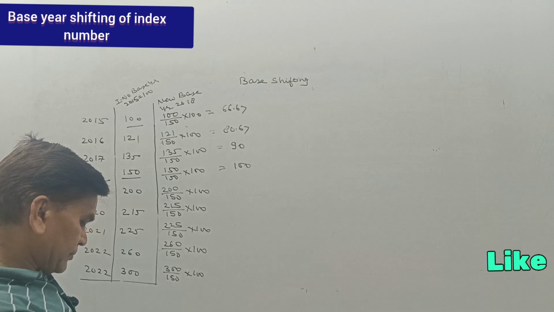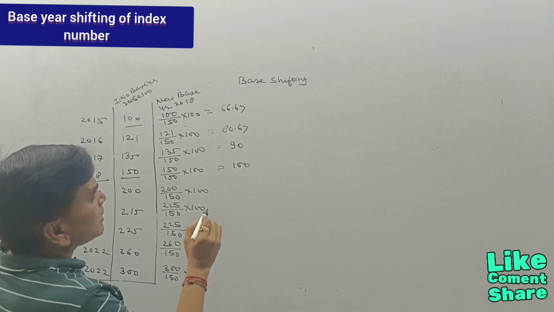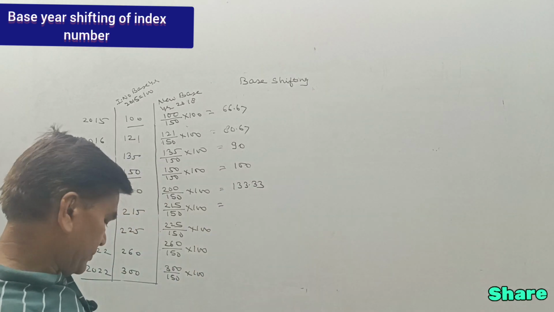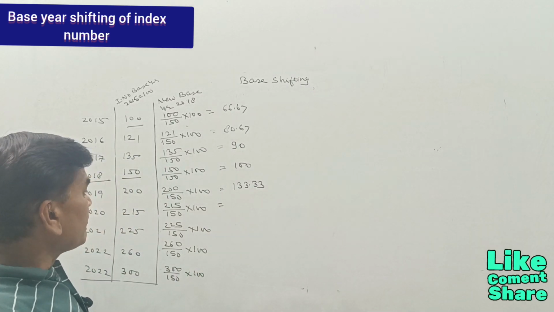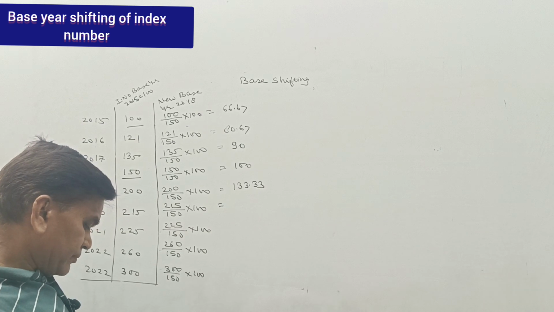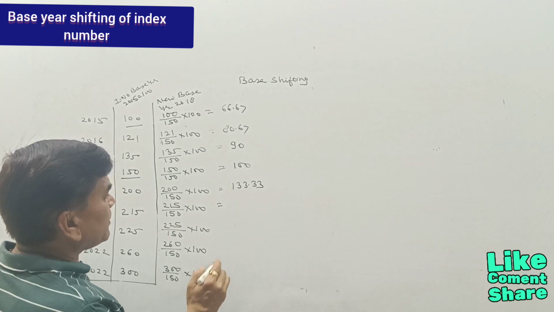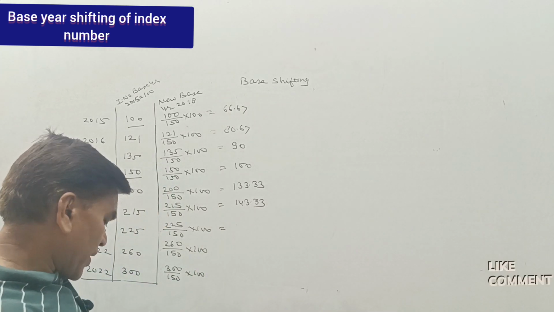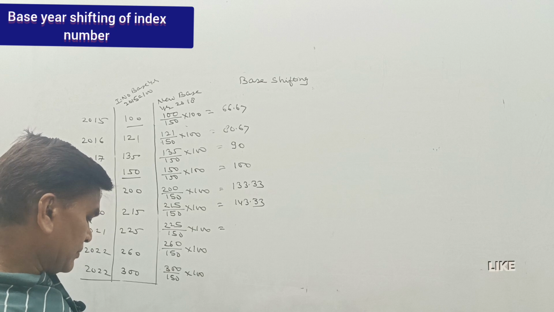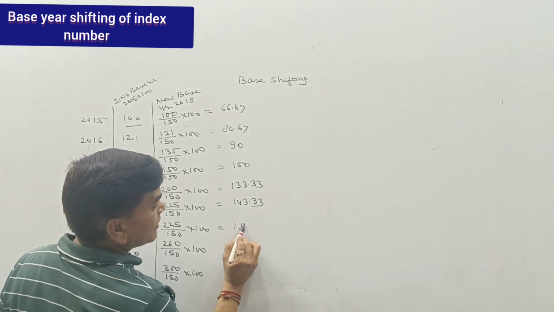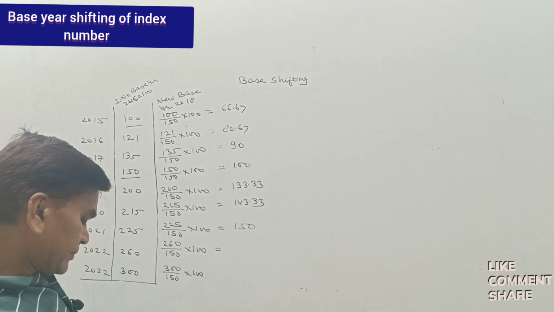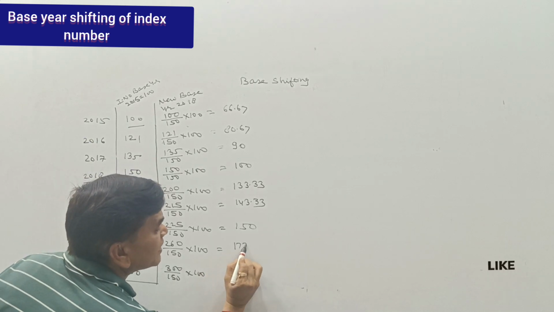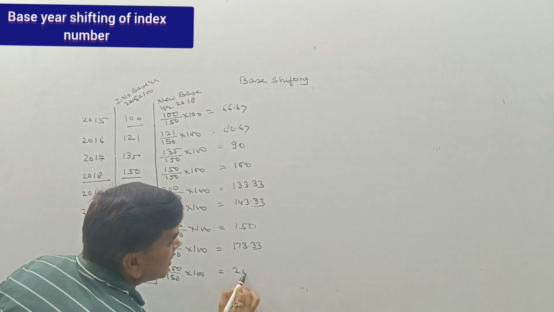Then 200 gives 133.33. Then 215 divided by 150 multiplied by 100 is 143.33. Again 225 gives 150. Then 260 gives 173.33, and the last one is 200.